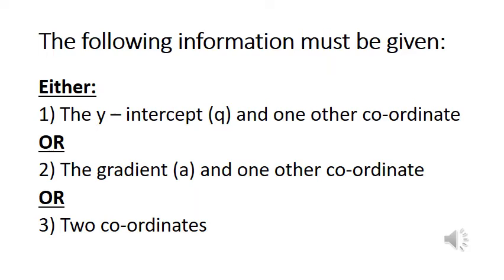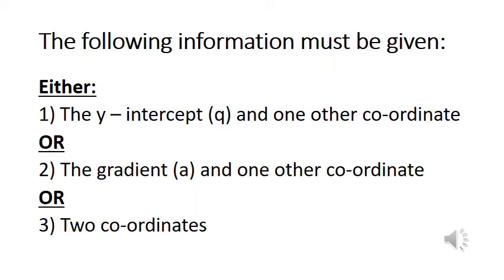The second way is if they give you the gradient, which is the a value, plus one other coordinate. And the third is if they give you 2 coordinates. Depending on what info they give you, you would then decide which method you are going to use.